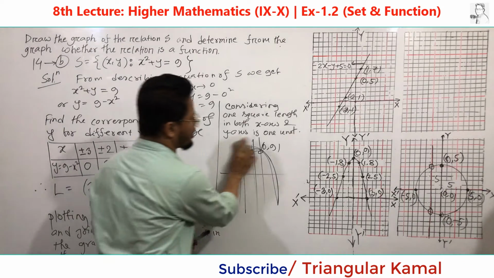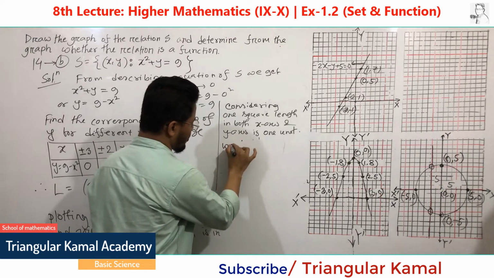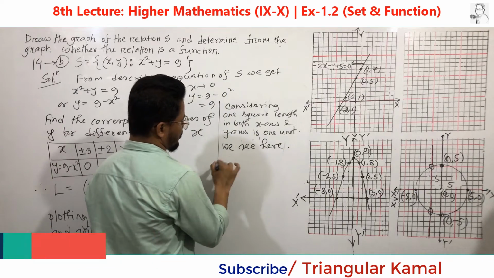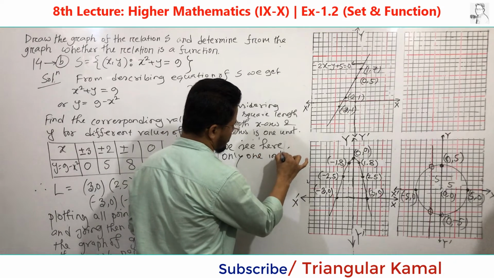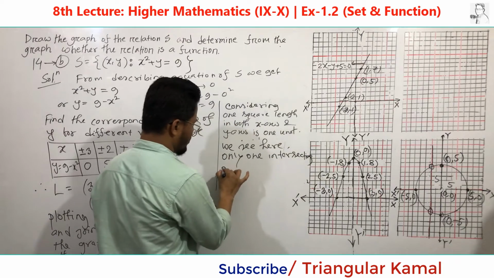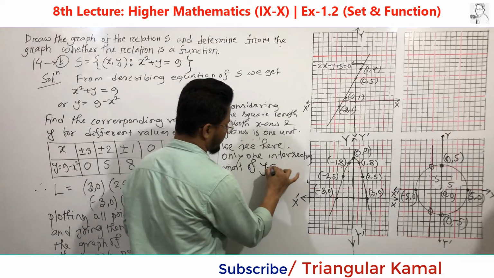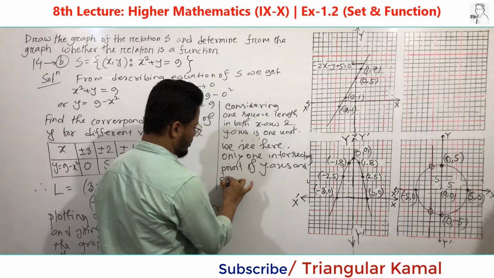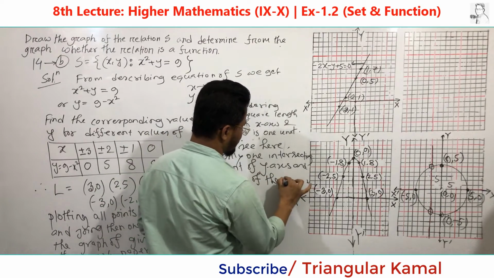So now you have to write this: we see only one intersecting point of the y-axis and graph of the relation.